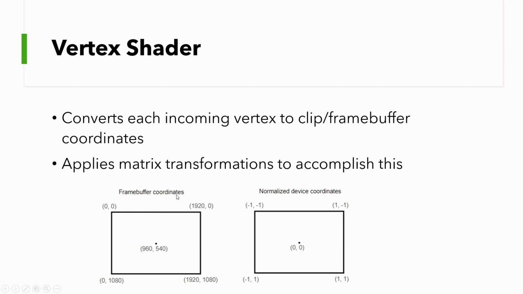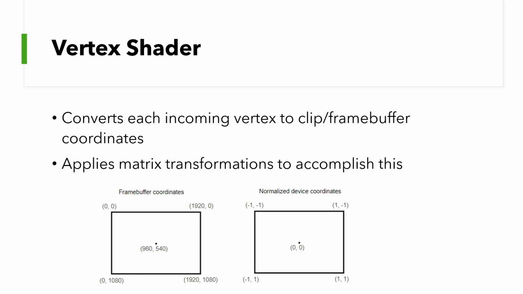And so our frame buffer coordinates is essentially the size of what that texture is that we're going to write out to, right? And so the vertex shader takes those 3-dimensional or 2-dimensional vertex pieces and converts them into frame buffer coordinates. So basically, essentially flattens them via our transformations that we provide in our matrices.